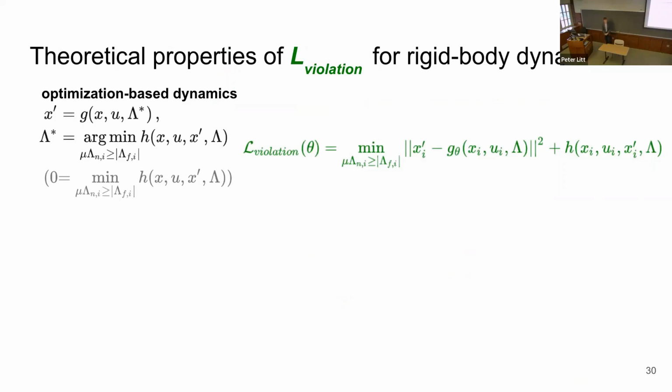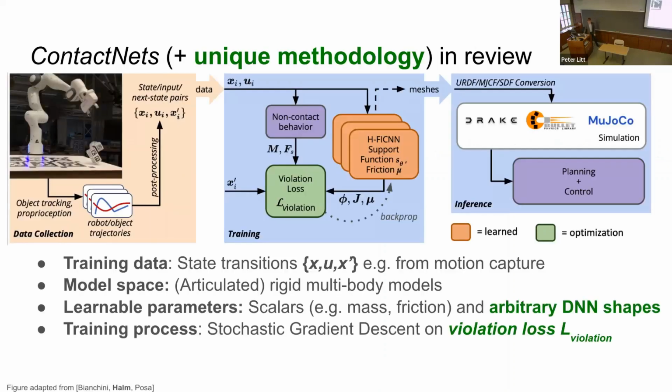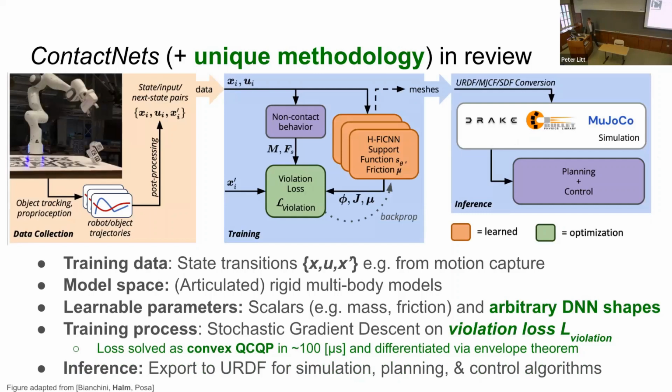Gotcha. So let me proceed to the contact net portion of the talk. I have a question there about how you were setting up the network architectures. The way you set up your network architecture is going to specify something about the capacity, which I think in your case maps to something like the number of planes you're using. Exactly. Precisely. So did you have to tune this to the particular objects that you were using? I'm also curious to know why you restricted your studies primarily to fluids and objects.